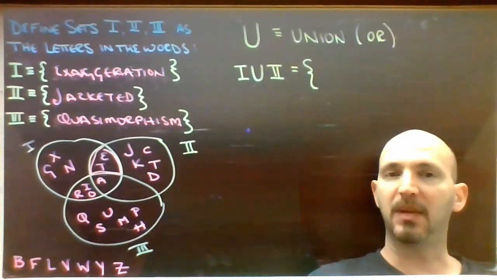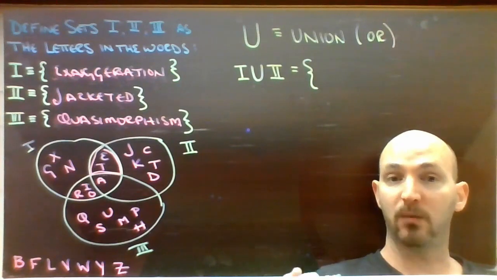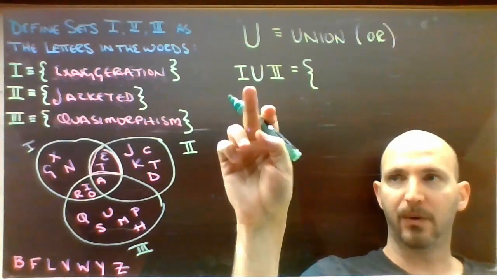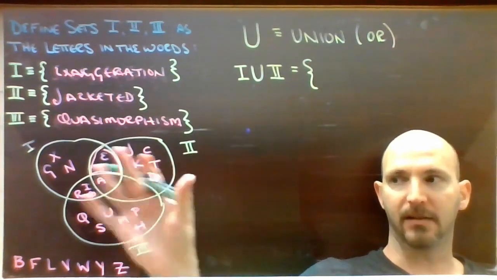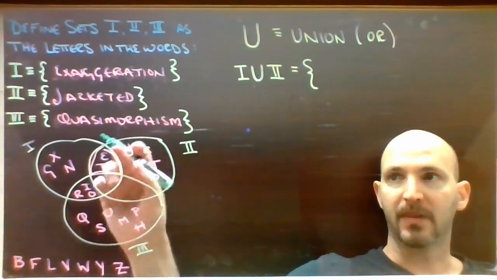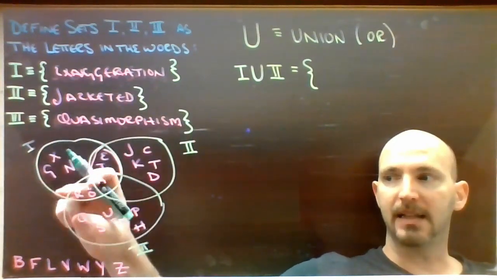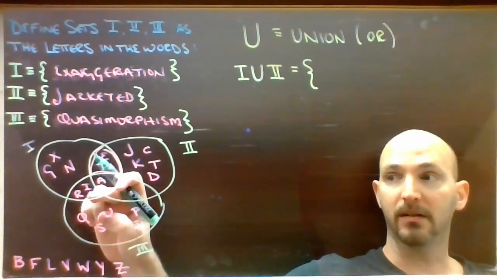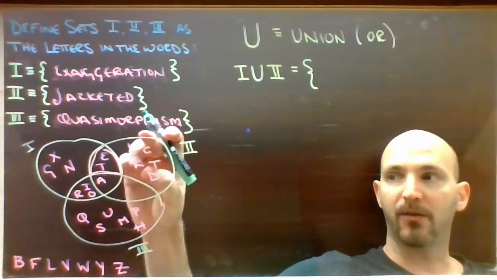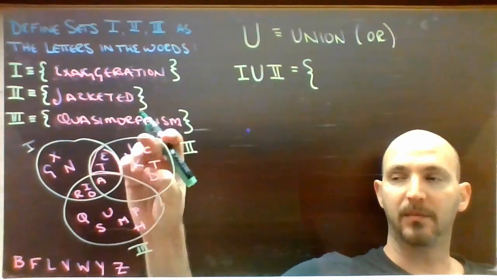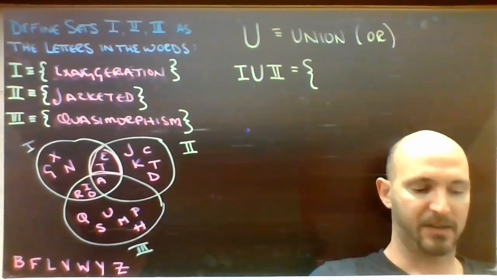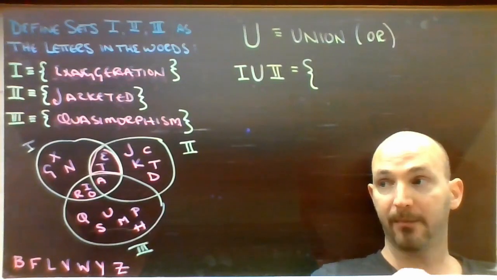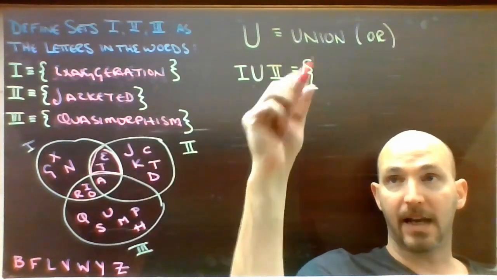They don't have to meet both criteria, they just have to meet one. So if I were to go through and find this place in my Venn diagram, this is going to be anything that lies inside of this circle because it's in set 1, or everything that's in this circle because it's in set 2.